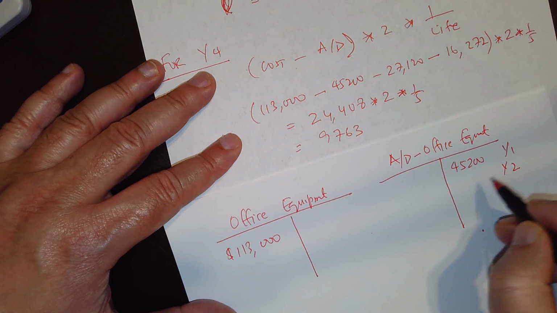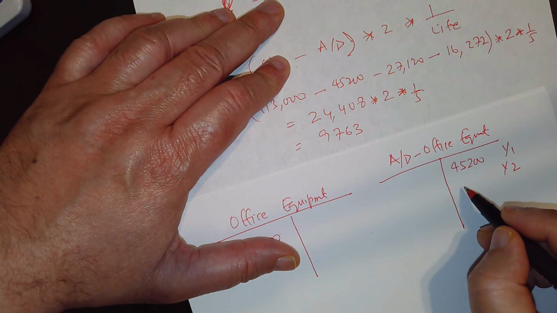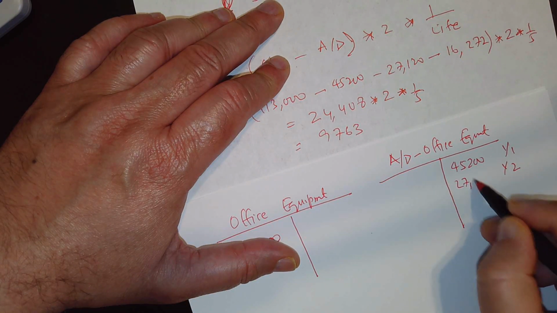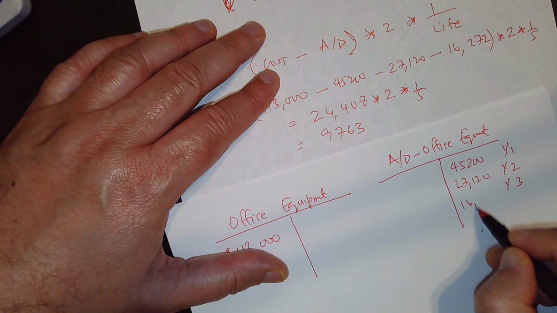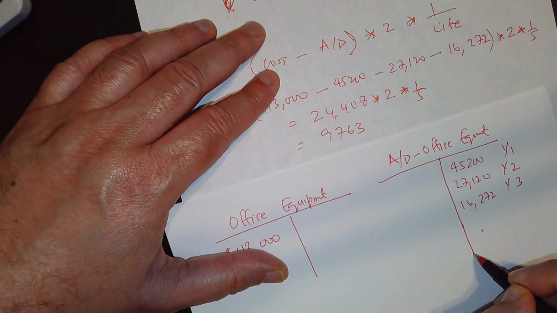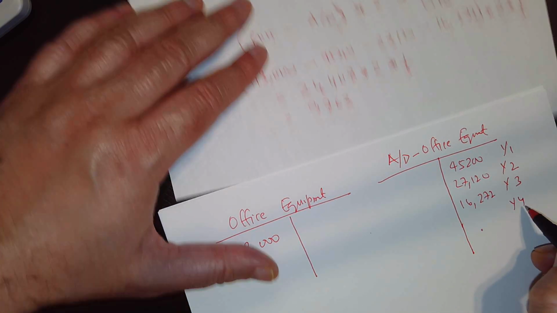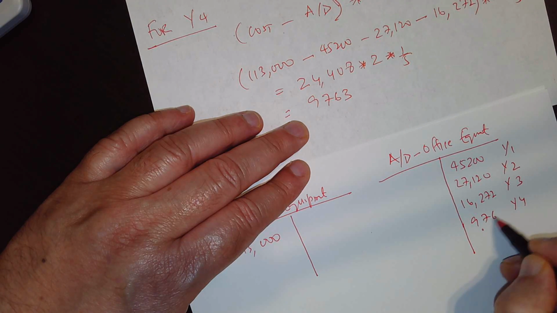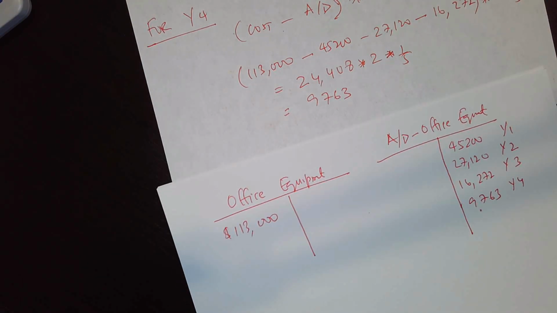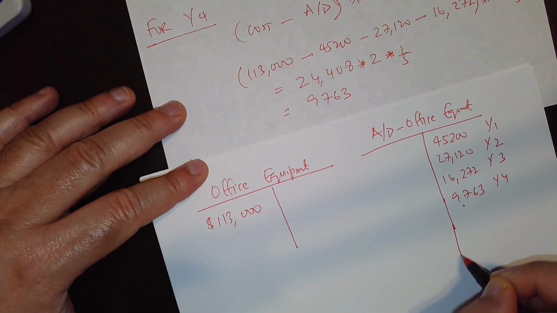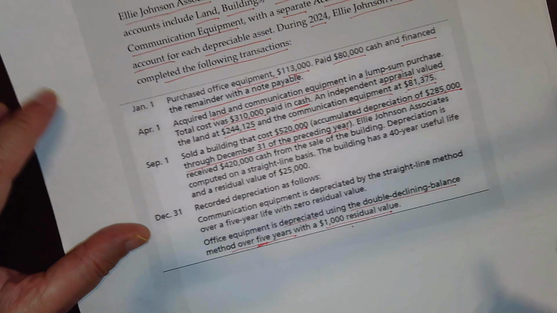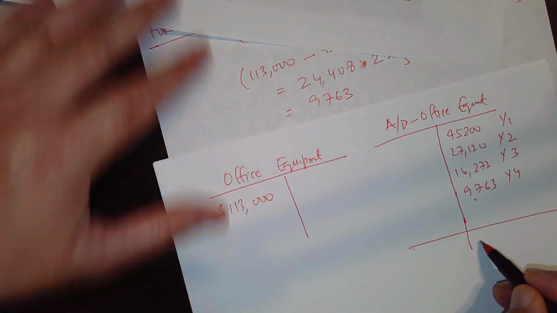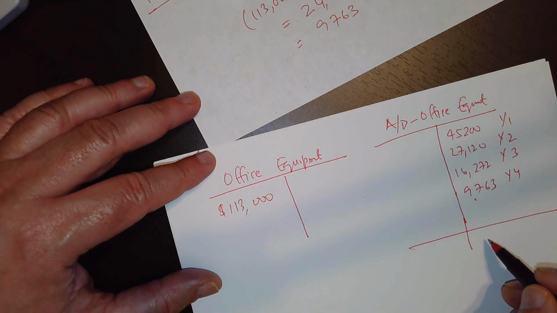Year 2, you have 27,120. Year 3, you have 16,272. And year 4, you calculated 9,763. Now, you know that the residual value is given to you. The residual value is $1,000. So you have $1,000 left.